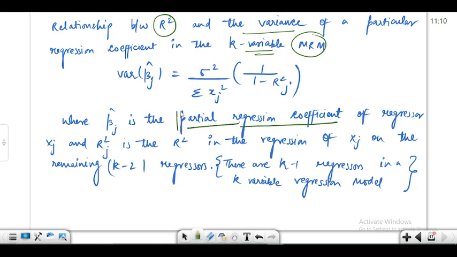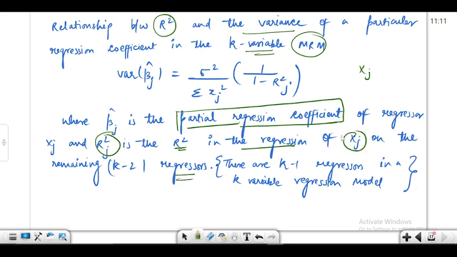We have discussed what a partial regression coefficient is: the coefficient associated with a particular x variable, in this case xj, is called the partial regression coefficient of regressor xj. And r square j, this is important, is the r square in the regression of xj on the remaining k minus 2 variables.